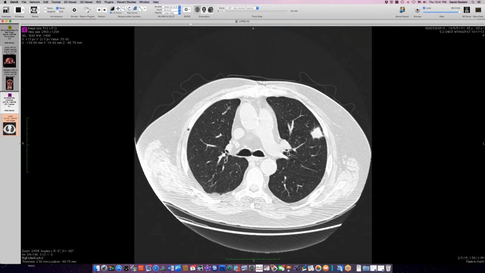So we've seen a number of cases of negative lavage but positive needle biopsies in the setting of invasive Aspergillus, because the organisms that are in the tissue just may not be in the air spaces, and the lavage fluid may not even get near them. The same thing's true for mucor. We had a case of zygomycetes a couple of weeks ago that was negative on lavage but was diagnosed on needle biopsy. So if fungus is a strong suspicion, don't be satisfied with lavage results if they're negative.